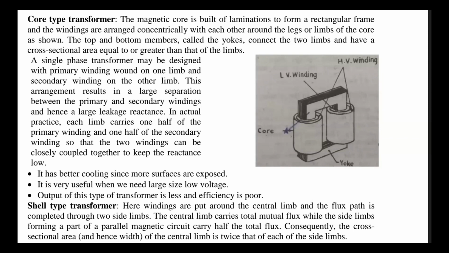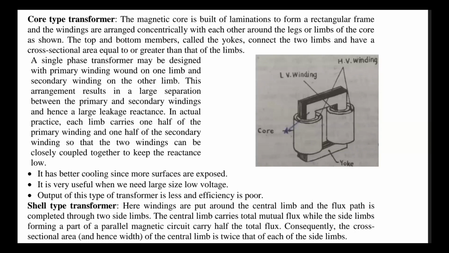And what is the main difference between them? The main difference is that here the diagram is of a single phase transformer. In the core type transformer, the windings are placed in the outer limbs of the core.